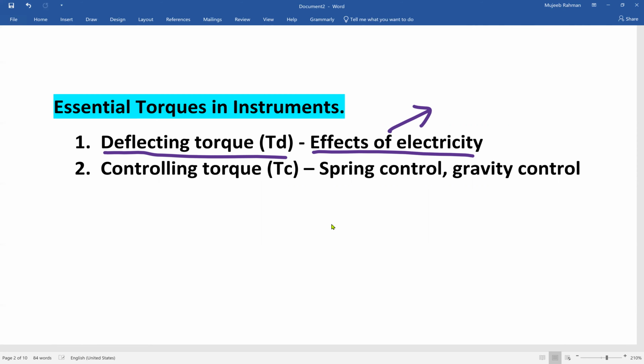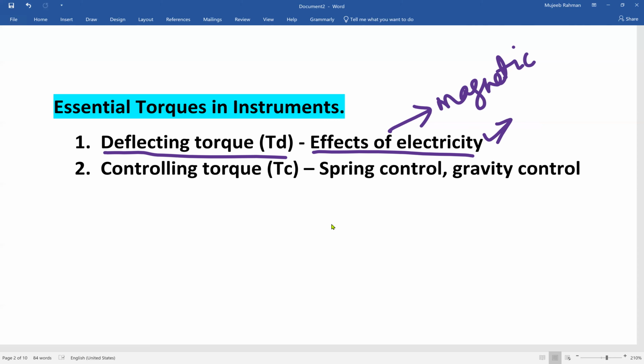It could be the magnetic effect, maybe by means of a permanent magnet, or maybe an electromagnet, right? It can be the electrostatic effect. It can be the thermal effect, etc. So because of one of the electrical effects, the quantity that is being measured should be converted into a deflection.